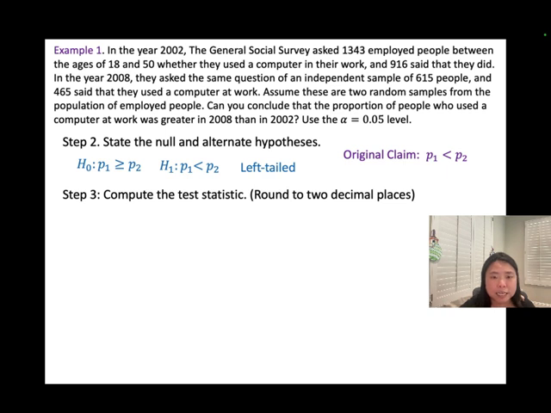Compute the test statistic. First, I need you to find the pooled sample proportion. Add up the number of successes divided by the total sample size. So you're going to get this.